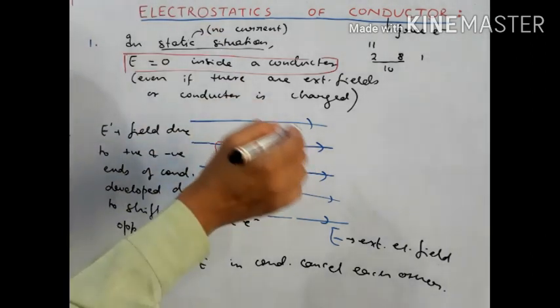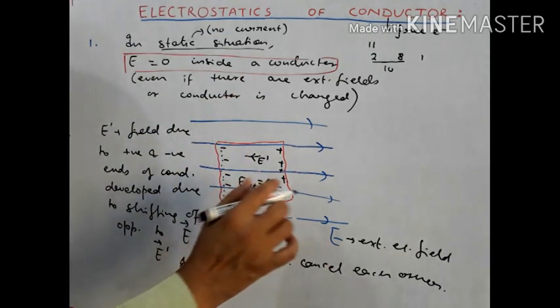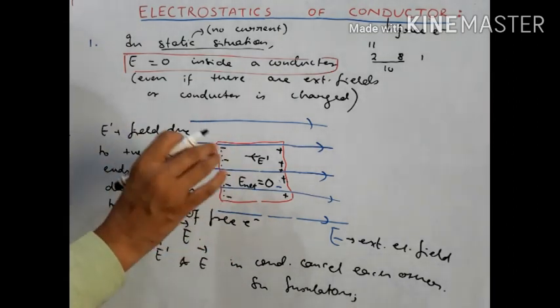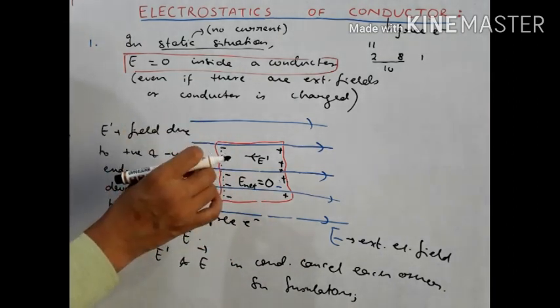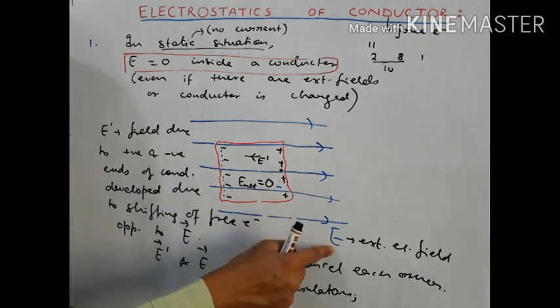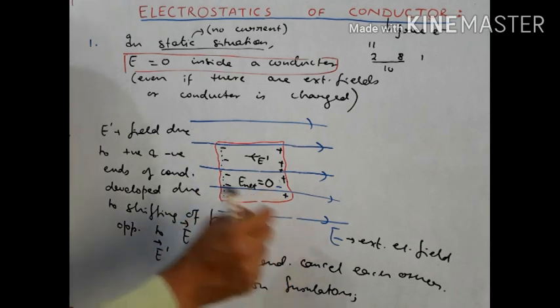Remember, in insulators also there is partial cancellation. So in insulators, this we will discuss afterwards actually, due to some reason that we call polarization, there is some electric field developed which is opposite to the direction of the external electric field, but they are not equal in magnitude.